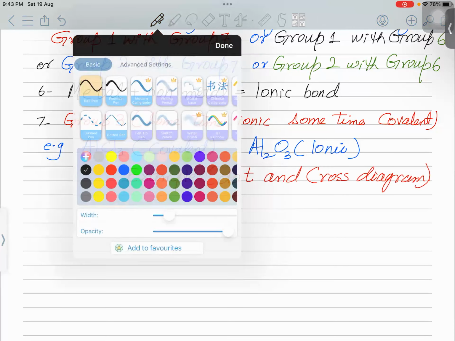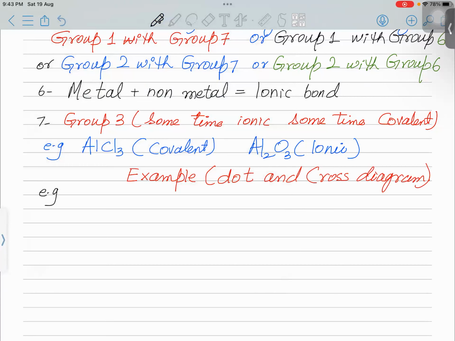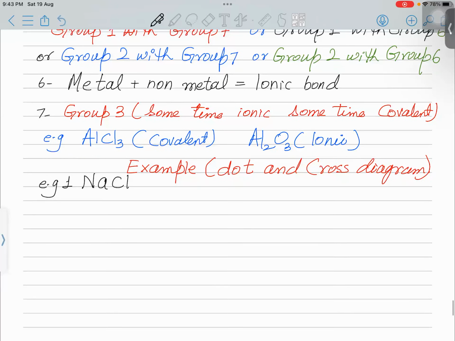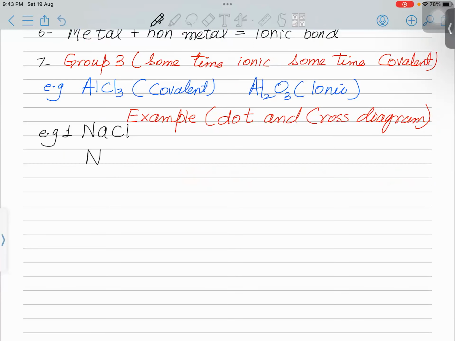Now the first example is NaCl. Na has 11, chlorine has 17.